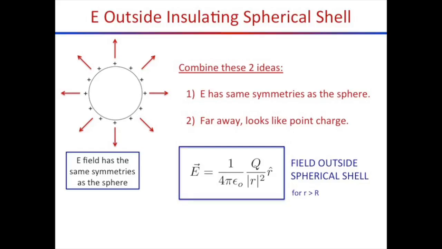So it's got to look like a point charge from far away. It has to look the same if I rotate the sphere. And so this is the solution that does that. Basically, outside of the spherical shell, the electric field takes the same form as the point charge. And it just always looks like the point charge. Even if you're really up close, it still looks like the point charge.